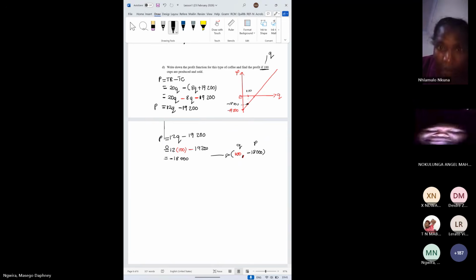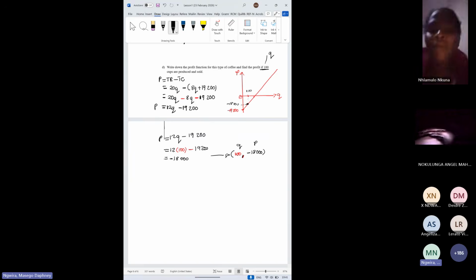Just repeat that part again, ma'am. The graph part. Can you just repeat the coordinates that you explained on the graph? Okay. So I was saying now it means that if we produce 100 cups of coffee, then we're going to have a negative 18,000, which is a loss.